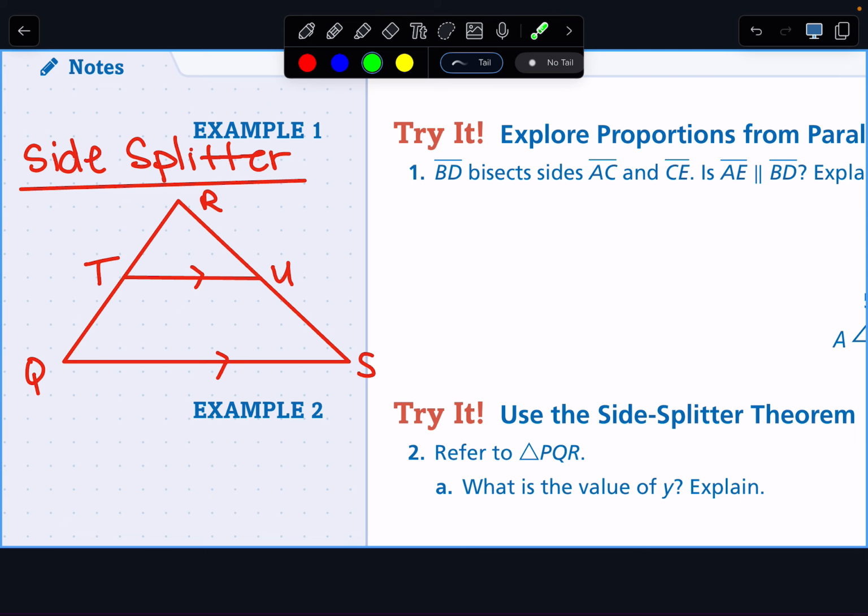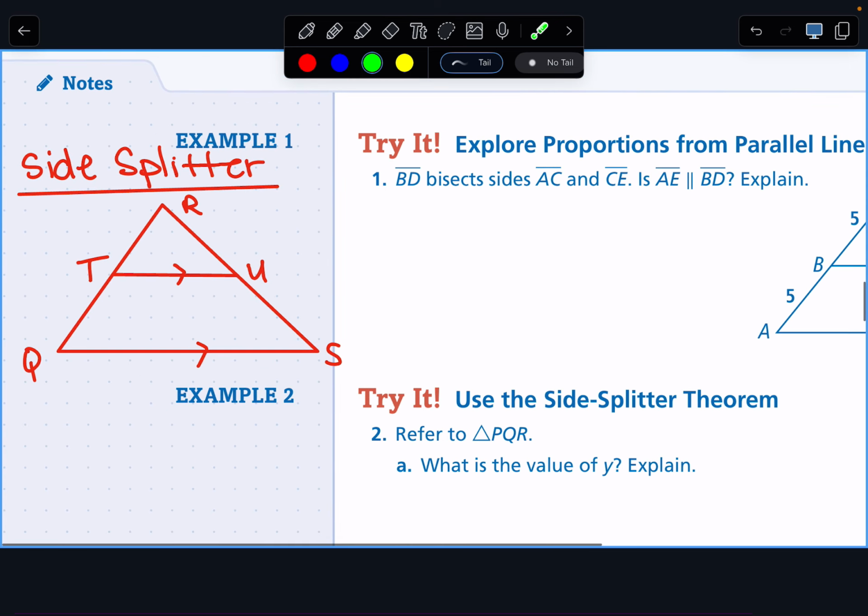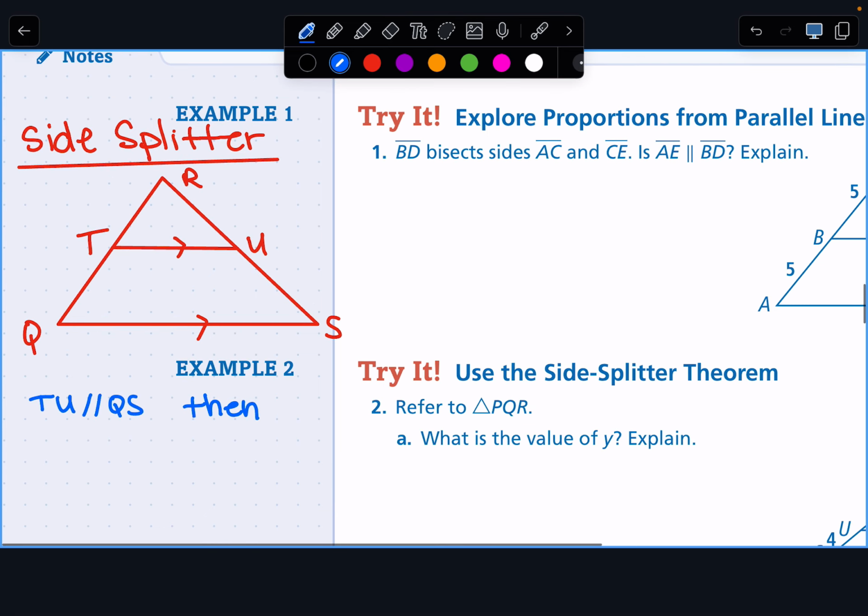And it is so cool, in fact, that if TU is parallel to QS, then we have a proportional relationship where we can say that RT over TQ is the same as RU over US.